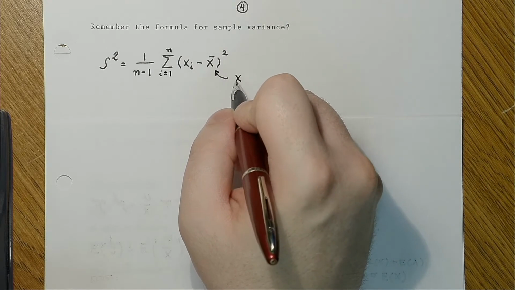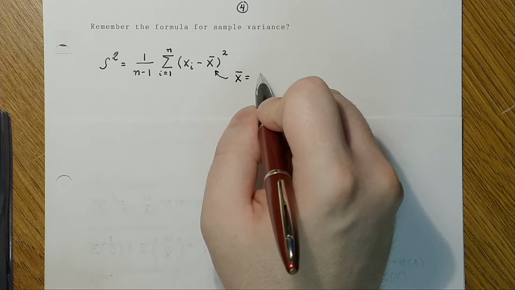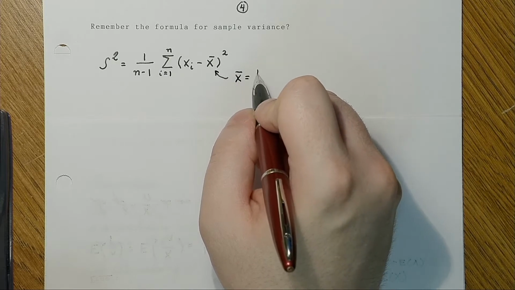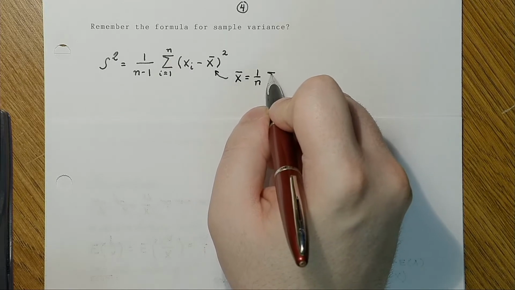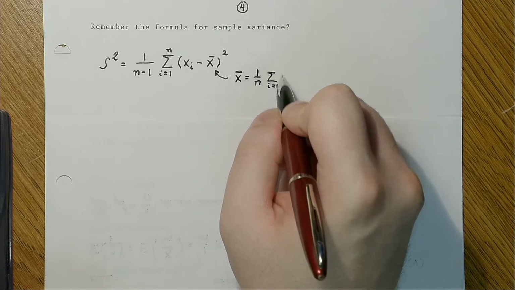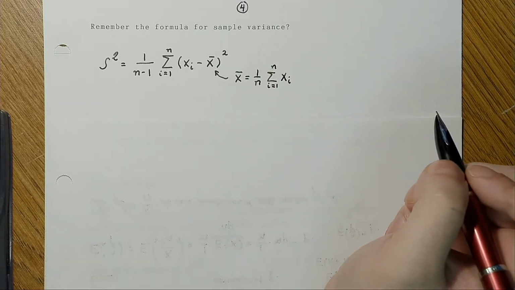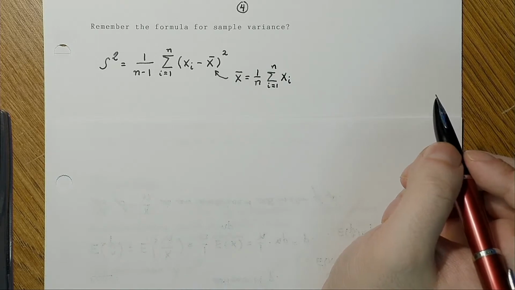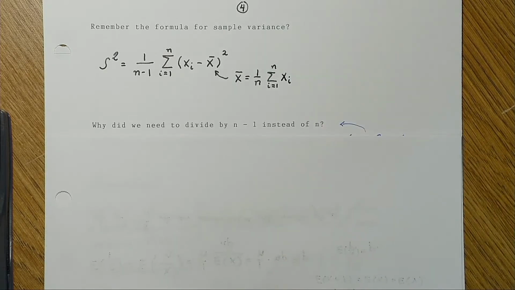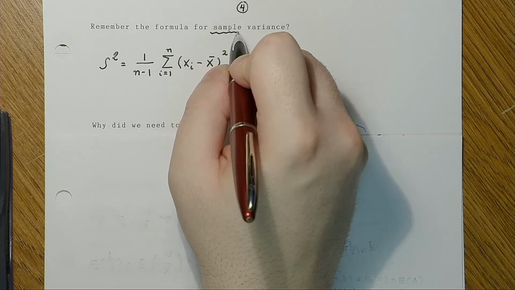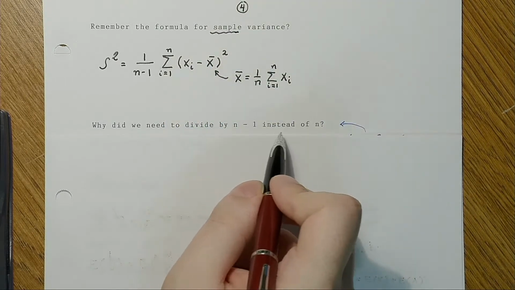So again that is equal to 1 over n, like that. Now notice, why did we need to divide by n minus 1? Again, this was the sample variance instead of n.